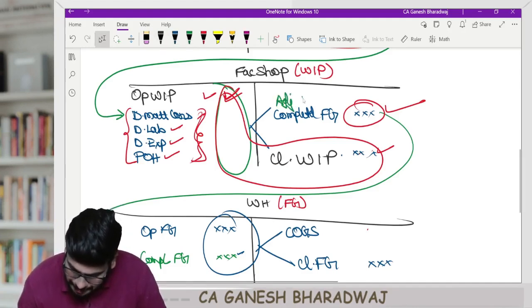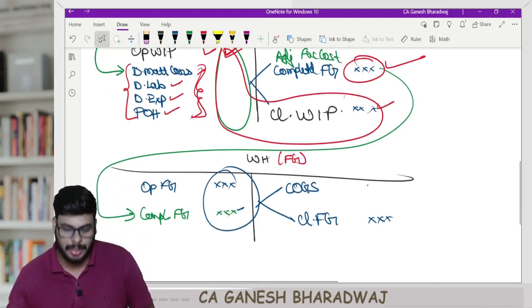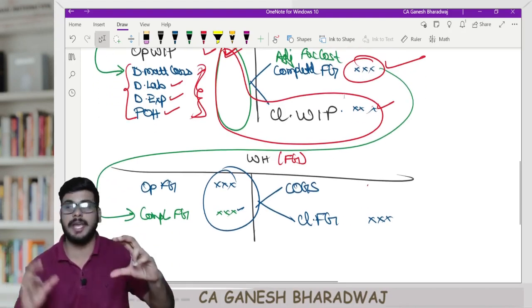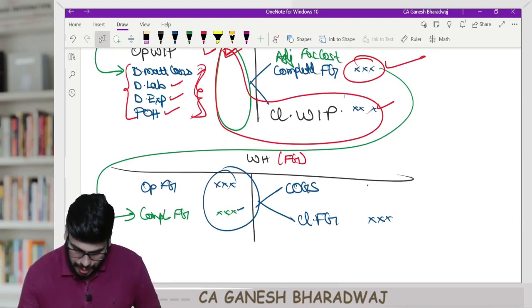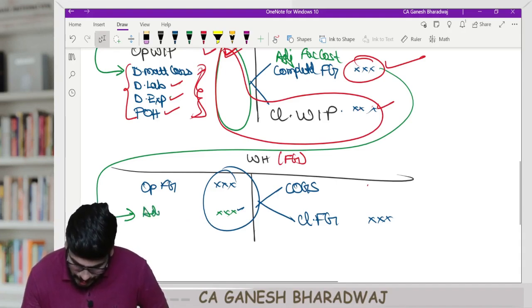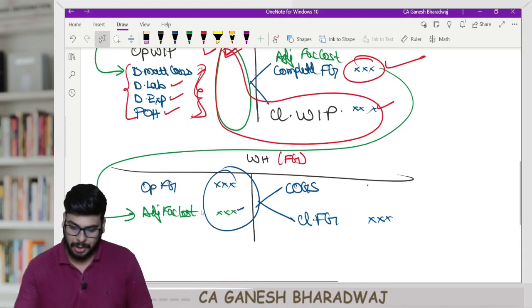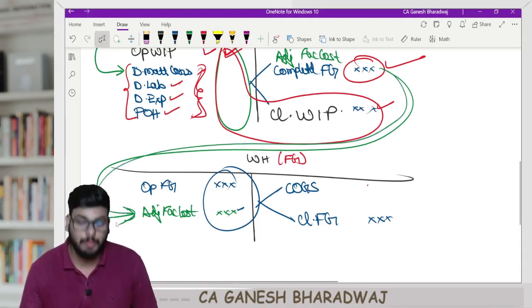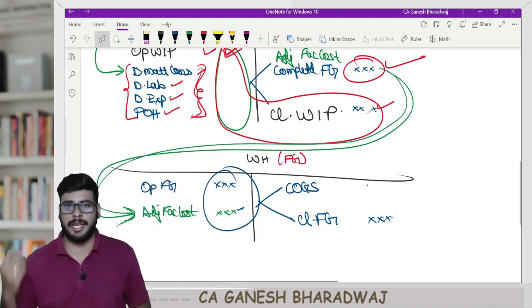We are giving it a name. Now there is one small change here. This is the change between CA and CMA. What they are doing is this adjusted factory cost enters into my FG area, warehouse area. Clear with this?